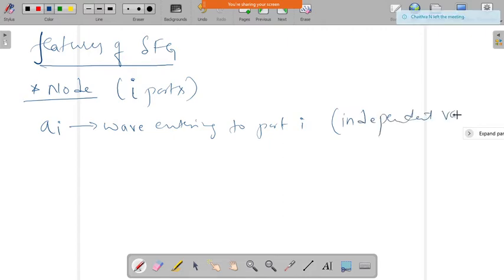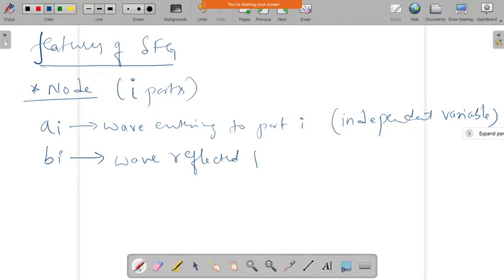Similarly if I have the node BI, which represents the wave reflected from port I, then we call it a dependent variable.